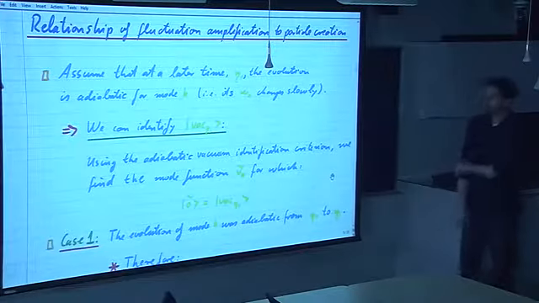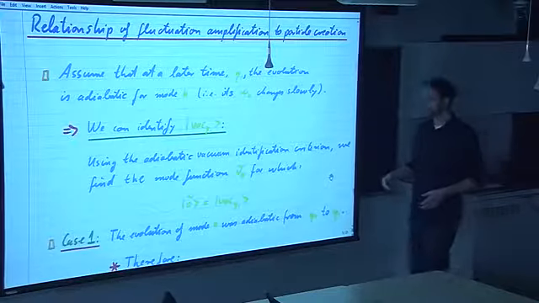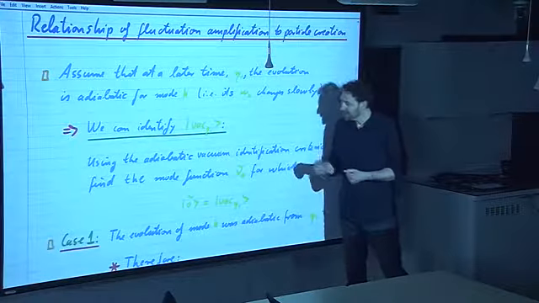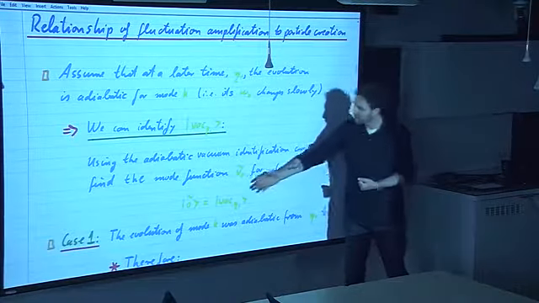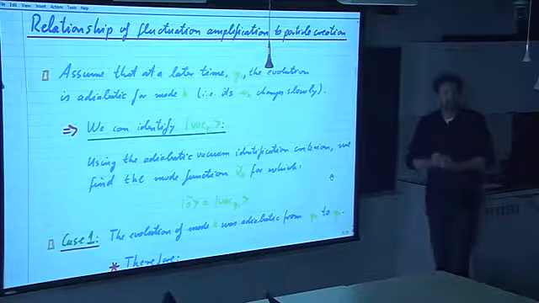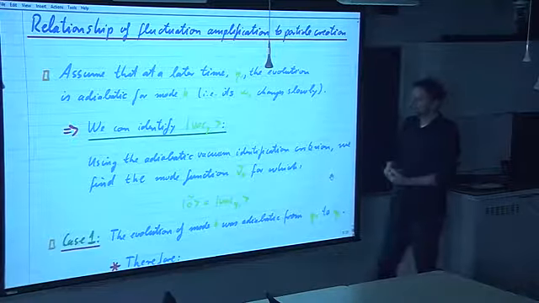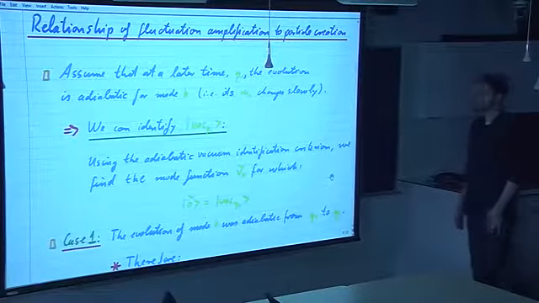Okay, so remember that overall, the adiabatic vacuum identification criterion was telling us which set of mode functions to use, such that the corresponding annihilation operators annihilate the state that's the vacuum at that point in time.